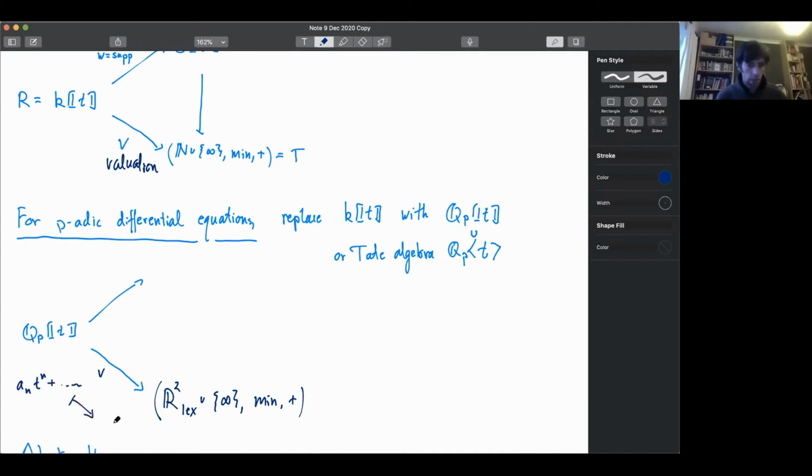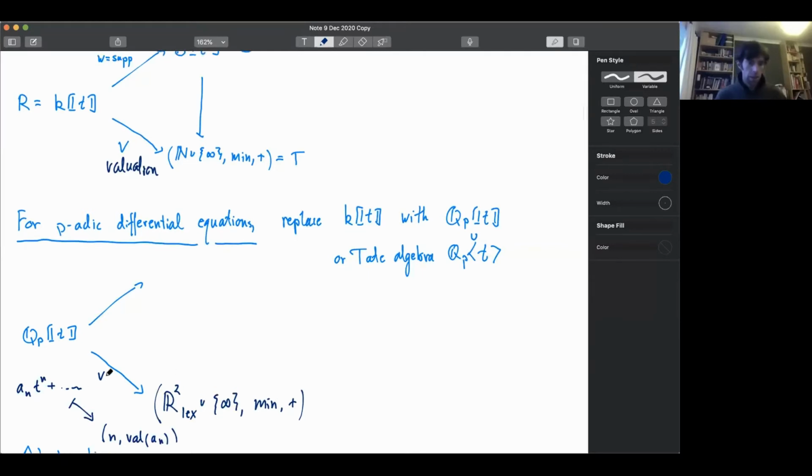And I'm going to send this to the pair where I put the n in the first component, and I'm going to put the p-adic valuation of the coefficient in the second component. And so this gives me a point of R^2, which I interpret as a totally ordered abelian group with the Lex ordering, and then I turn it into an idempotent semi-ring by adding the point infinity. Okay, so that's my V.